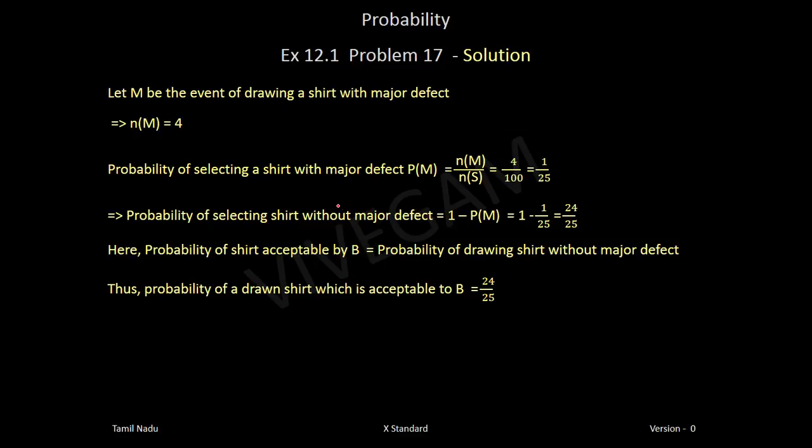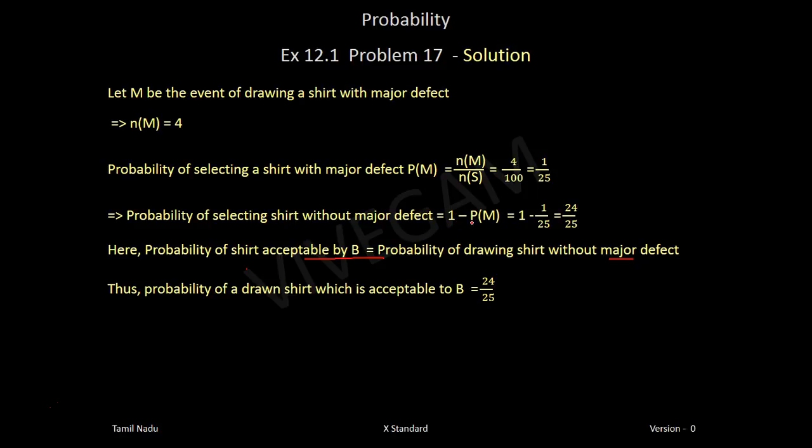Now here B accepts, this is a condition which you have to be clear about. B accepts shirts without major defect. So the probability of a shirt drawn acceptable to B will be the probability of drawing a shirt without major defect. But what is the probability of drawing a shirt without major defect?